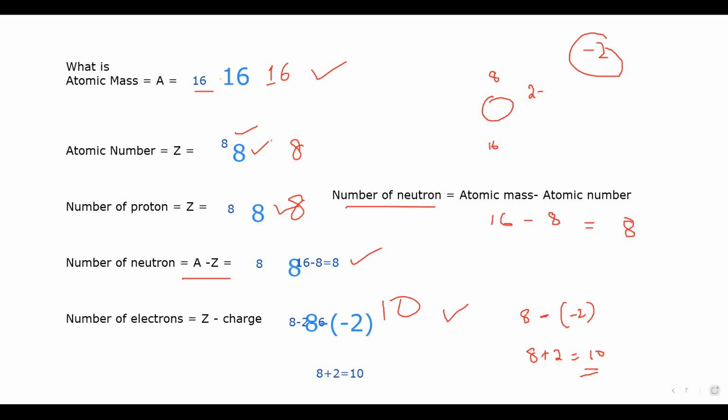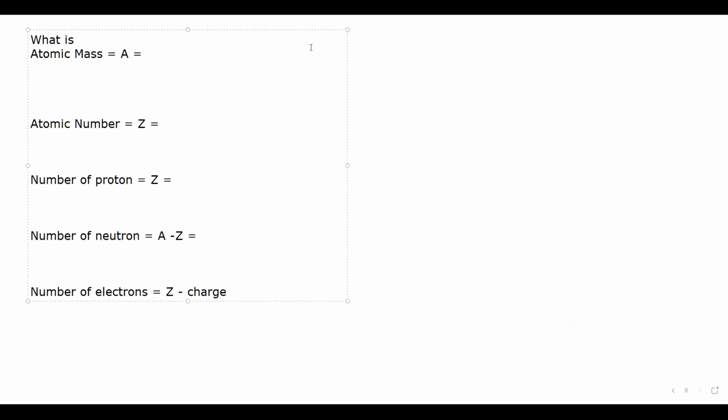Another example, but this time with a positive charge. So you have potassium, which is 19 and 39 with a charge plus 1. Complete the atomic mass. Let's write 39.